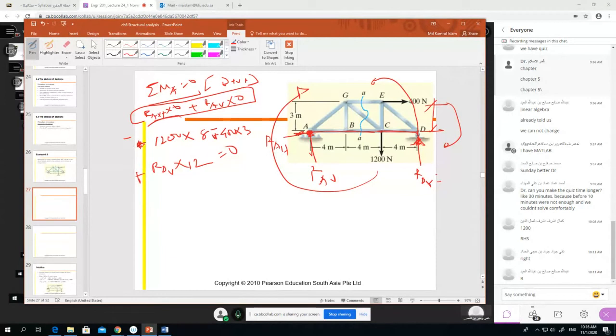So I write it more clearly. So what is RdV then? RdV equals 12 into 8 plus 400 into 3. So equal to how much? Calculate, tell me.